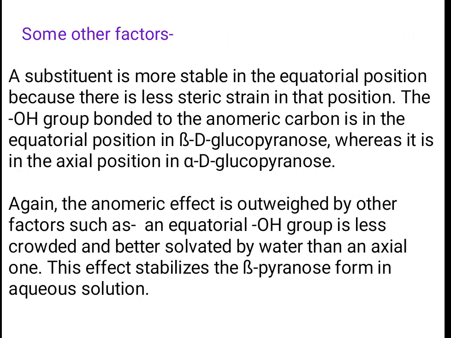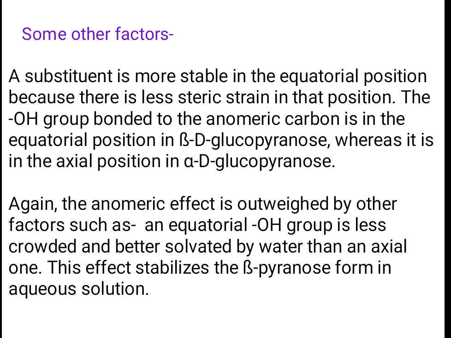Some other factors. A substituent is more stable in the equatorial position because there is less steric strain in that position. The OH group bonded to the anomeric carbon is in the equatorial position in beta-D-glucopyranose, whereas it is in the axial position in alpha-D-glucopyranose. Again, the anomeric effect is outweighed by other factors, such as an equatorial OH group being less crowded and better solvated by water than an axial one.